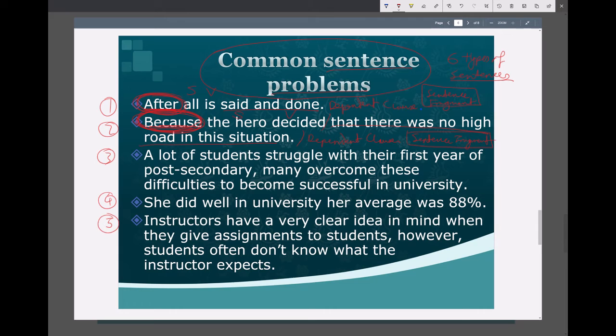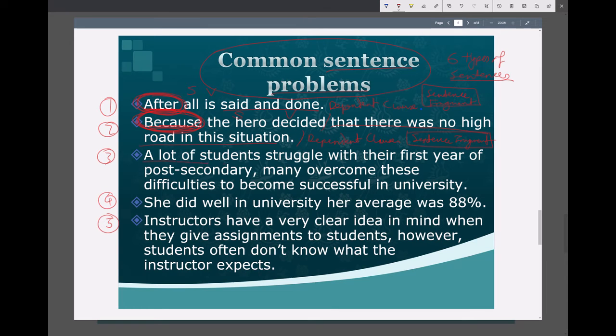"A lot of students struggle with their first year of post-secondary, many overcome these difficulties to become successful in university." Have you figured out what's wrong with this sentence? Remember what type of sentence this could be. How many clauses are there?